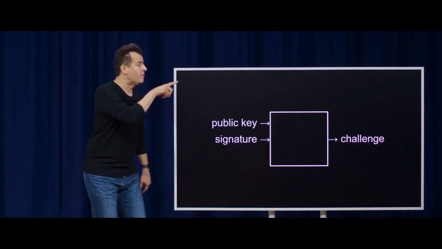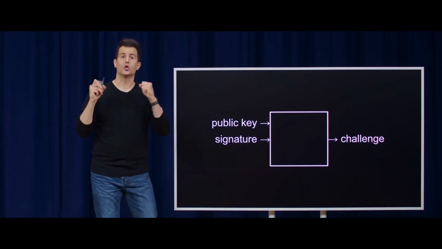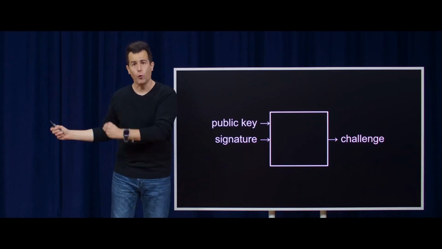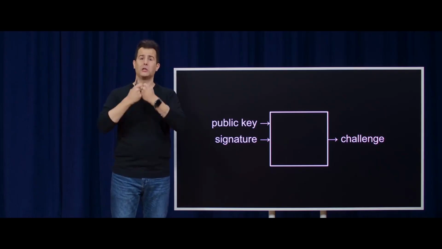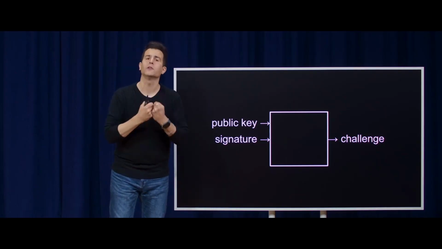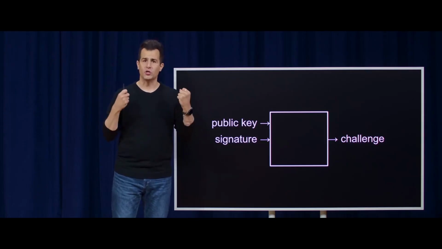And if the output of this verification process matches the challenge the website sent you a second before, it must be the case mathematically that you are, in fact, who you claim to be, because it was your device that registered for this website a day, a week, a year ago as well.